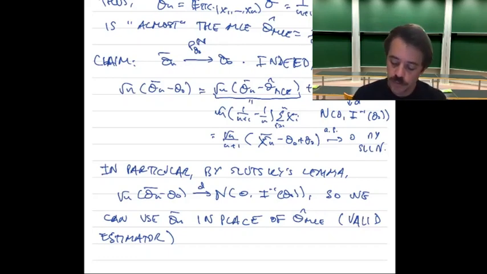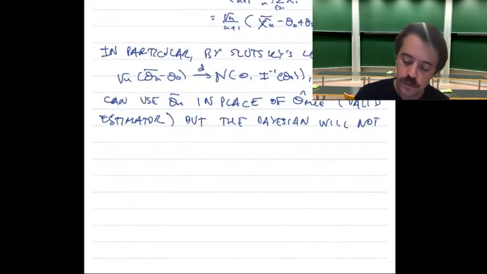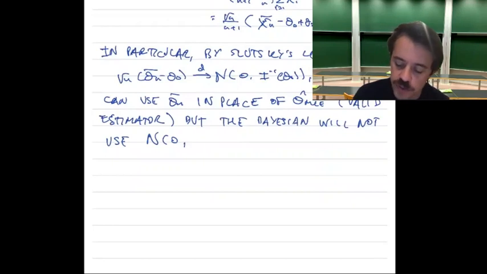So we can use this valid estimator, and this is again for every sort of inferential procedure, but we do have to remember that the Bayesian is not going to use the asymptotic distribution, which in this case would be something like this, but the posterior directly, and that's actually very important.